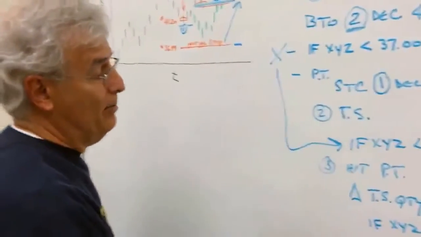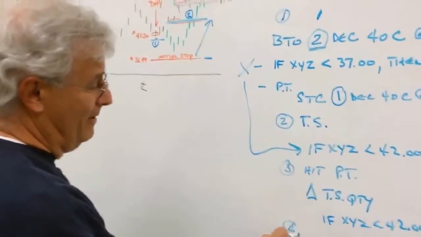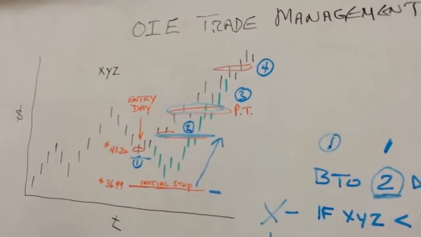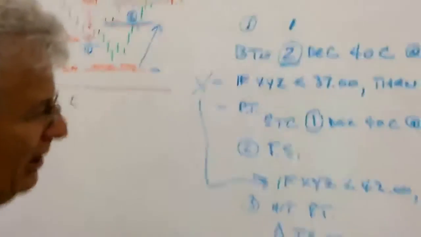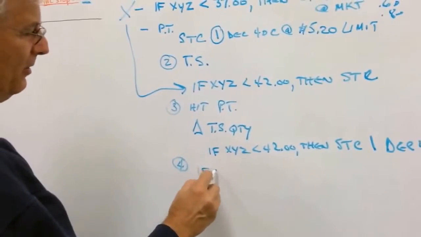Now the real exciting part is, if that's not enough excitement, at point 4, that second half position continues to make more and more money. And what will happen is the software will alert you to change the trailing stop to a higher level.